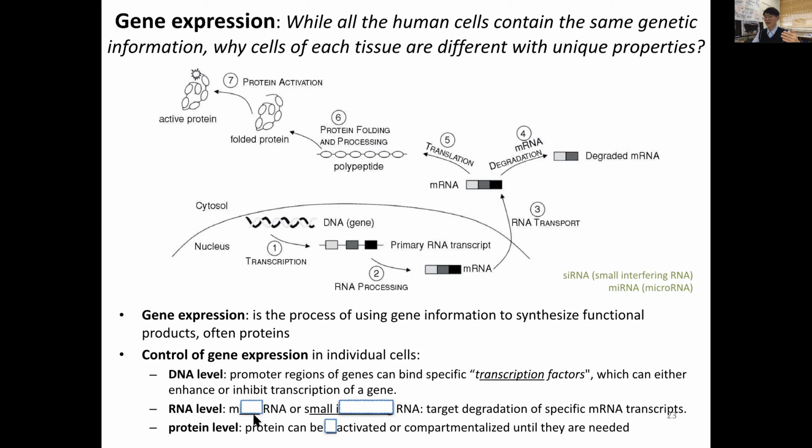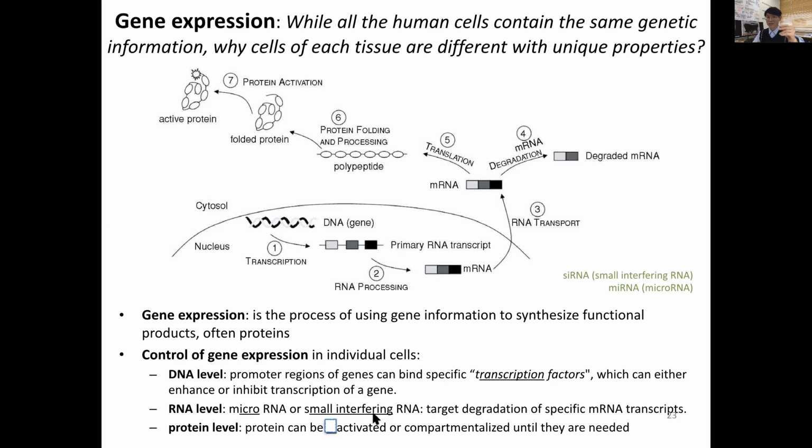First, the endogenous one is called microRNA, which is a very short sequence of RNA that has a controlling function, targeting degradation of specific mRNA transcripts. MicroRNA is a single strand that binds and prevents translation. Another is so-called siRNA, or small interfering RNA, which is exogenously made by humans.